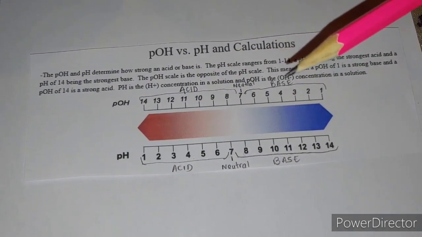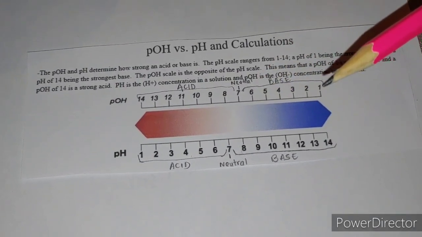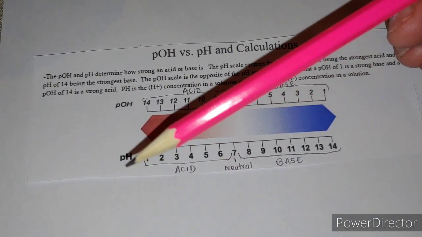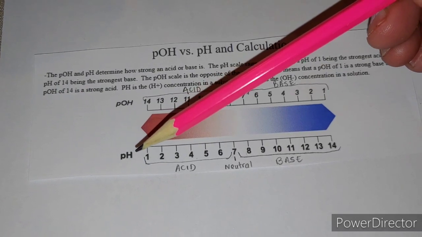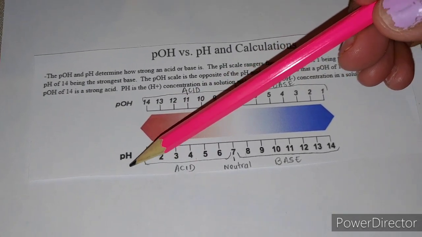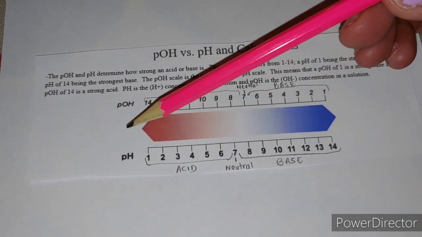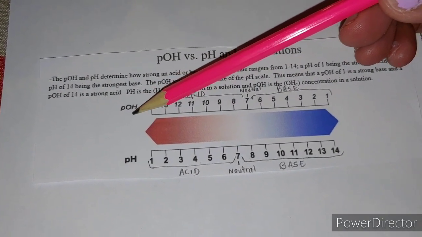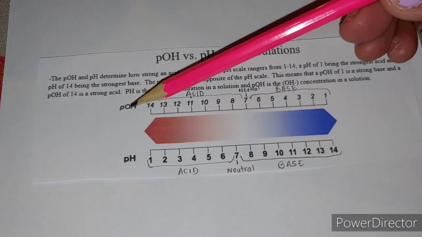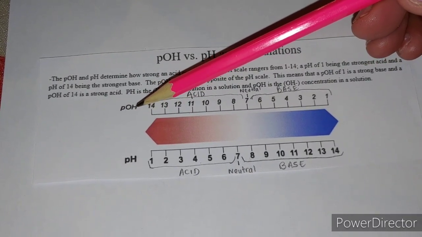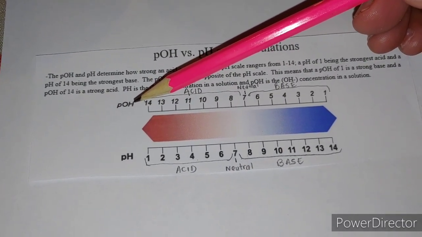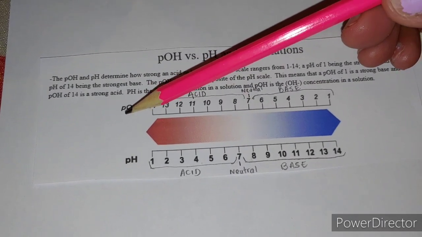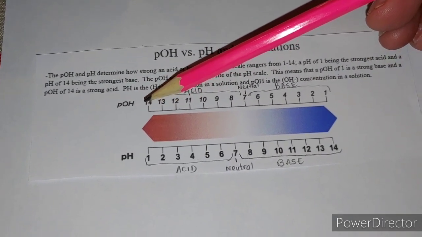If we say that the pOH is less than 7, then it's a base. But remember, for the pH scale, that's what we really want to use. That's what's widely used. But this is just as a reference. And when you deal with hydroxide ions, the more you have of those, then you're certainly looking at bases. The more hydrogen ions you have, then you're looking at acids.